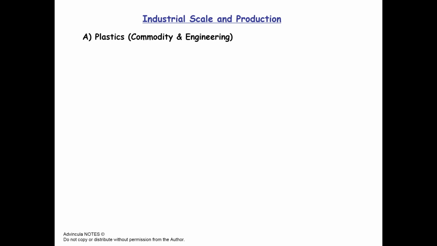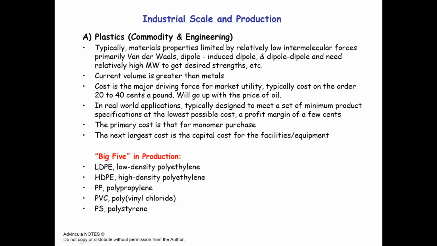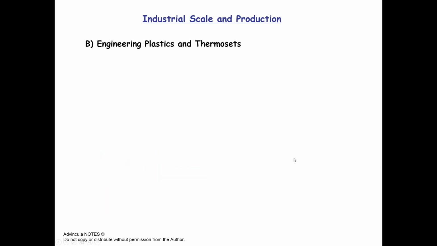Plastics is an industrial process. The volume is high. The properties are useful for everyday things. In fact, the big five in production is essentially polyethylene, polypropylene, PVC, and PS. And these polymers are made by free radical polymerization, coordination polymerization, and therefore, most of them are derived from petroleum-based products.